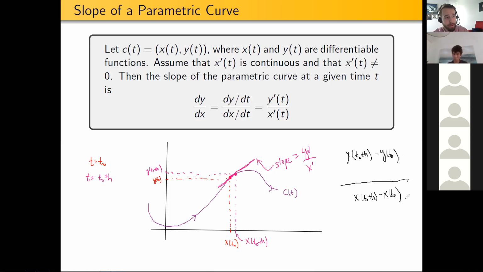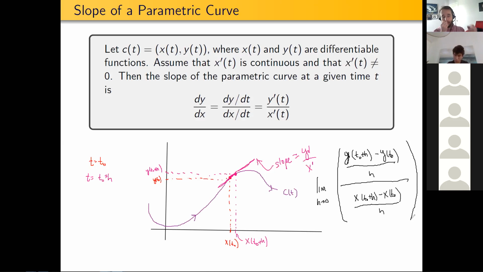What I could do if I wanted to is I could not change this fraction at all by throwing on two tiny little h's here. And then I'm taking the limit as h goes to 0 of all of that, right?